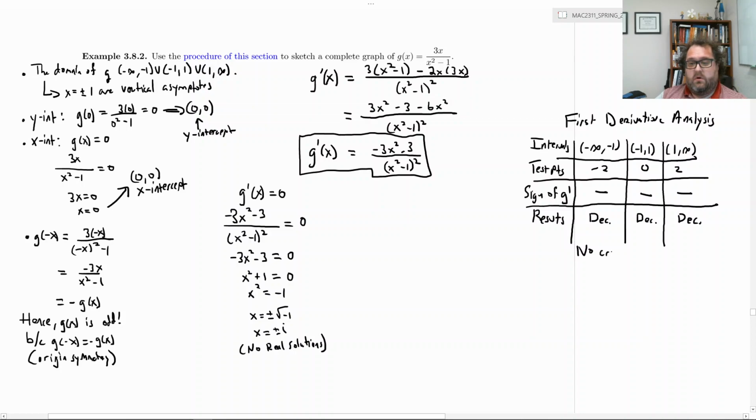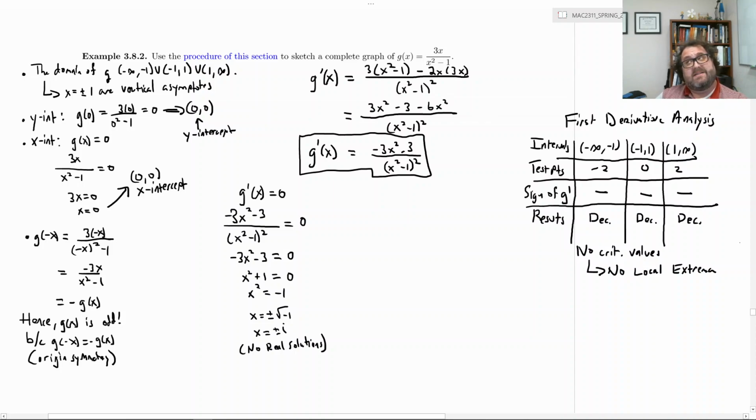No crit values. And by the way, according to Fermat's theorem, I always keep referencing this, if there's no critical values, what does that tell you about the existence of relative extrema? There are no critical values, there can be no extrema. No local extrema. No local minimums, no local maximums.